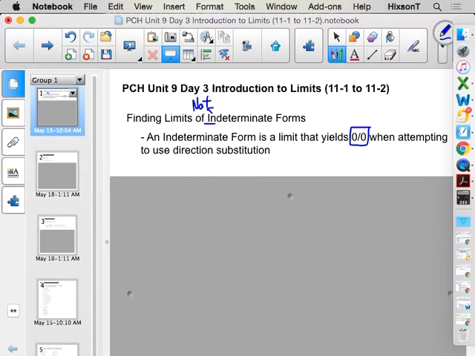Independent means that you are not dependent on something, okay? So we have not, and then you see here in this word determine, okay? In fact, if you remove the in and the ate, you have the word determine, all right? So what this is saying is this is not able to be determined.